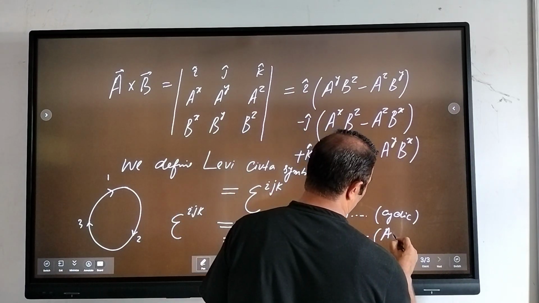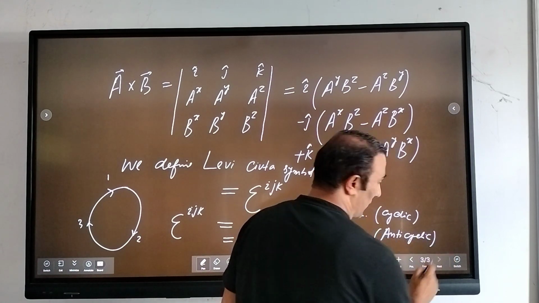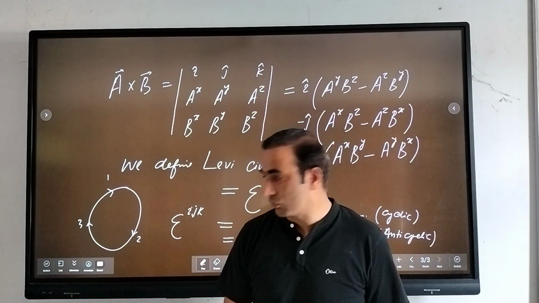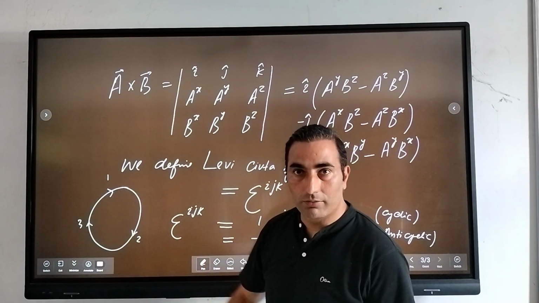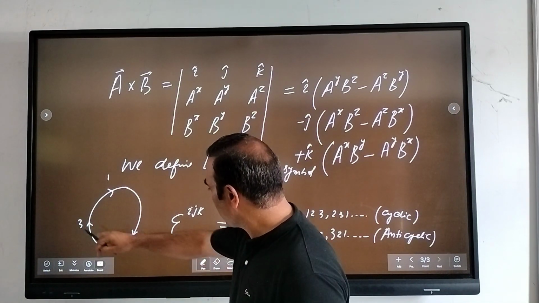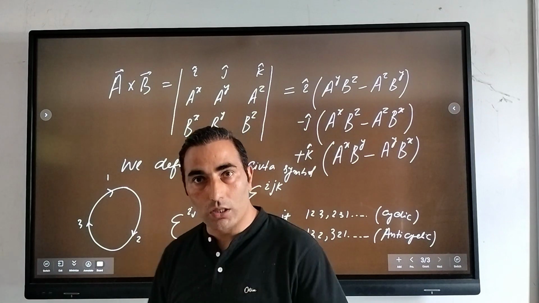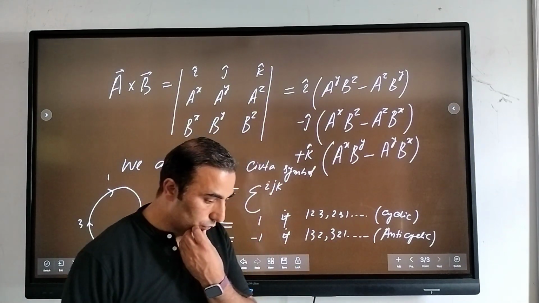So in that case our epsilon ijk will be equal to -1. It is clear, because anti-cyclic means it goes in the reverse direction, like 1, 3, 2 or 3, 2, 1 or 2, 1, 3. So in all the anti-cyclic cases, our epsilon ijk is equal to -1.